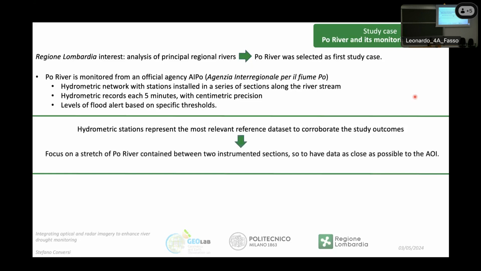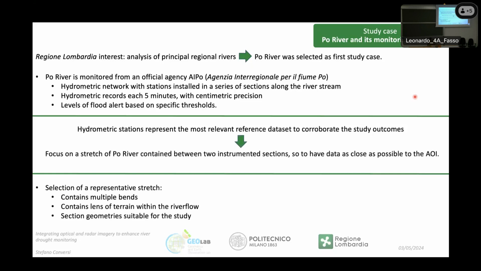So we needed such information for corroborating our results. We decided to focus on a stretch of the Po River contained between 2 different instrumented sections, from which we could extract this kind of information, and the selection of the representative stretch was also performed to be sure that the response we could find on the territory was coherent with the results of our work.